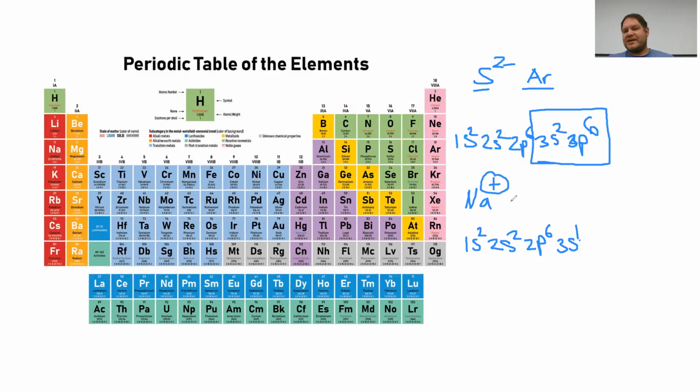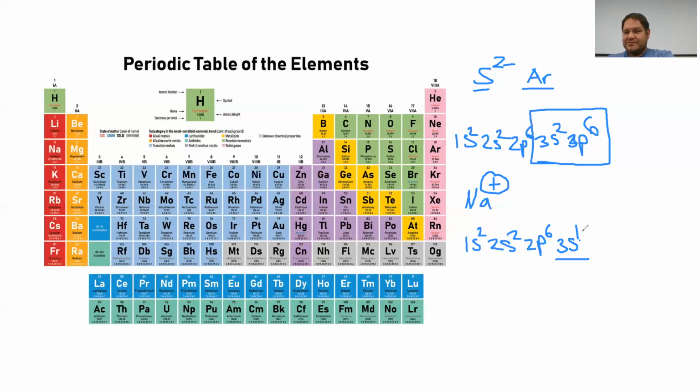Where are we going to lose that 1 electron? Remember, we start with the valence shell first. We always will lose electrons from the valence shell. So we'll go from the outer shell, the valence shell, and work our way into the core electrons. So our valence shell is the 3s1.